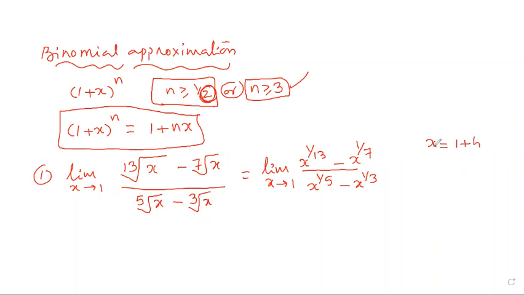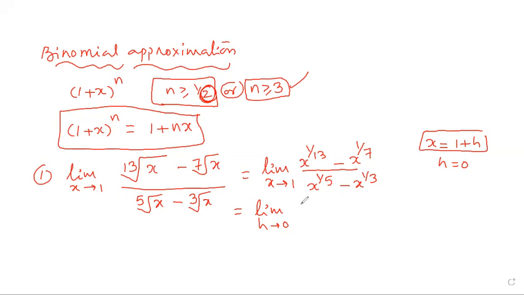So x value 1 means h value is equal to 0. Write down the limit h tends to 0, and in place of x write 1 plus h.